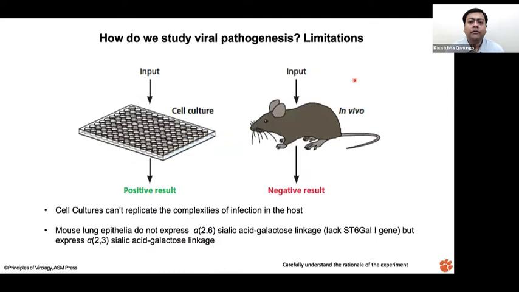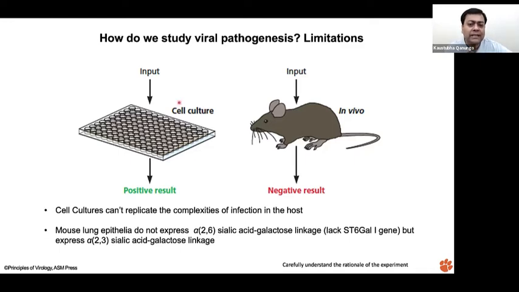All right, so how do we study viral pathogenesis? There are lots of limitations. We can do that in cell culture. We have lots of animal models like mouse, macaques, monkeys, and many other animal models as well. But you can easily see that there are lots of problems.